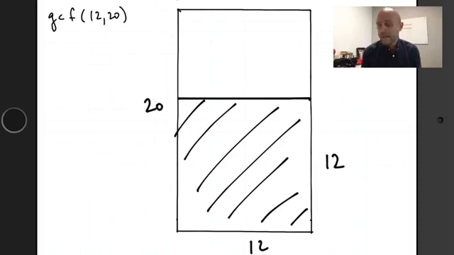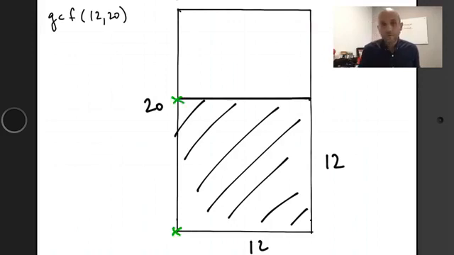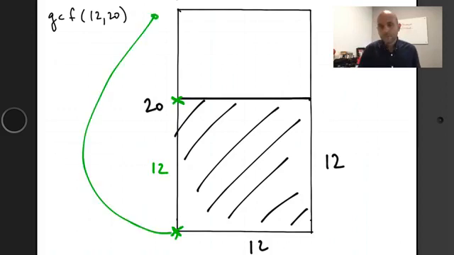So my question to you would be: if it is 12 from here to here, and this entire length is 20, then what is this length here from here to here?